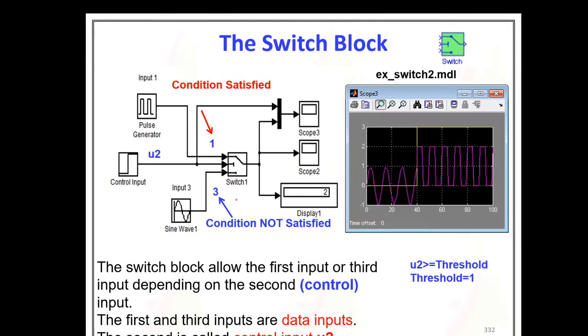And one more thing is available: the switch block. The switch block passes the first input or the third input depending upon the second control input. This is the control input U2. If U2 is greater than the threshold value, the first input, the data input, is passed. The second is called the control input.